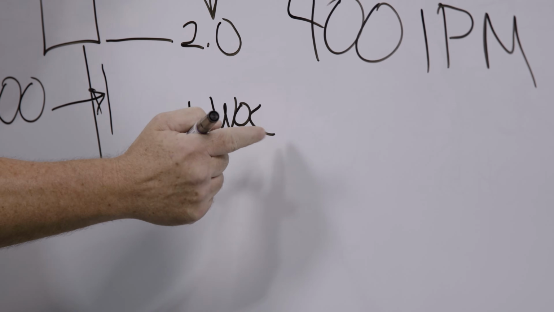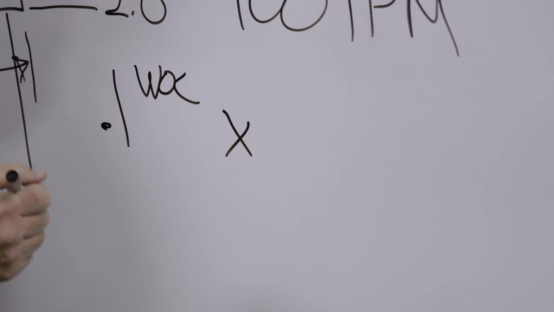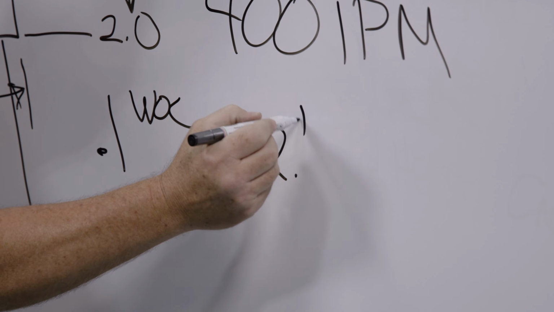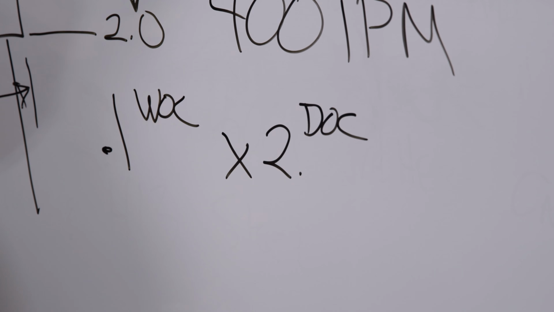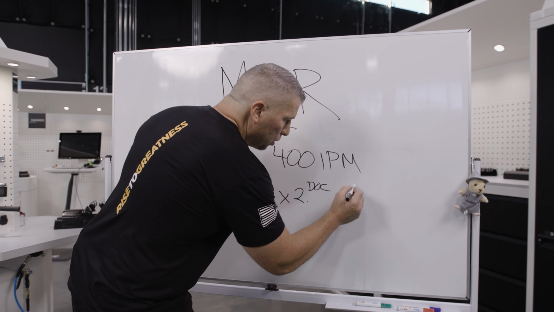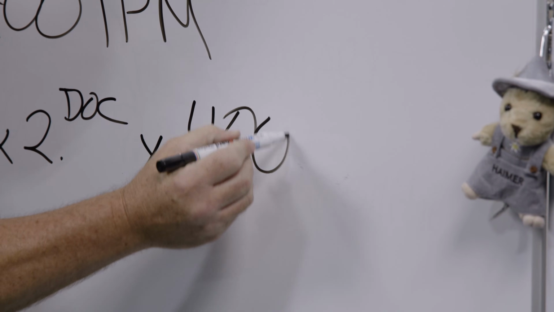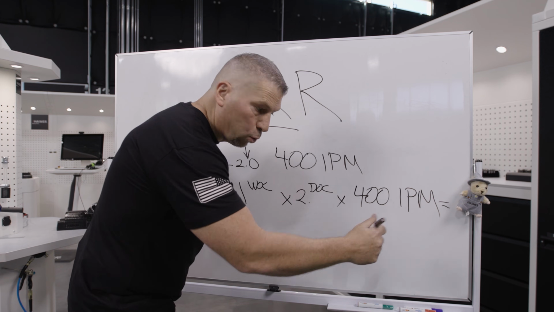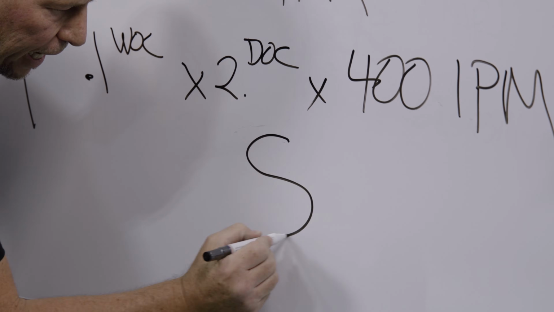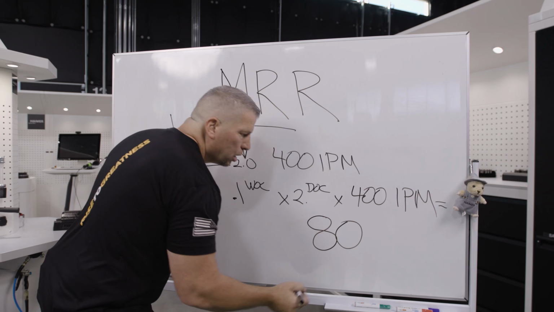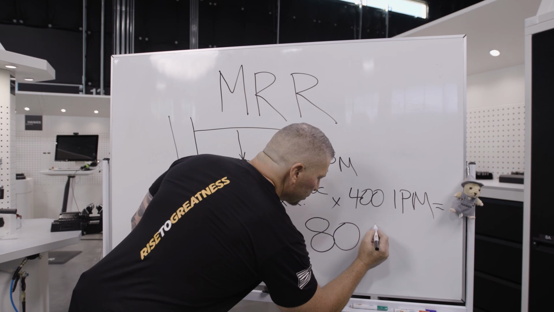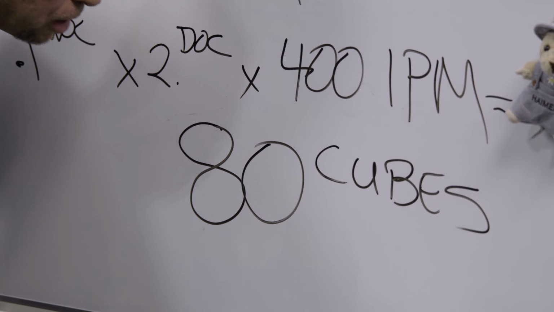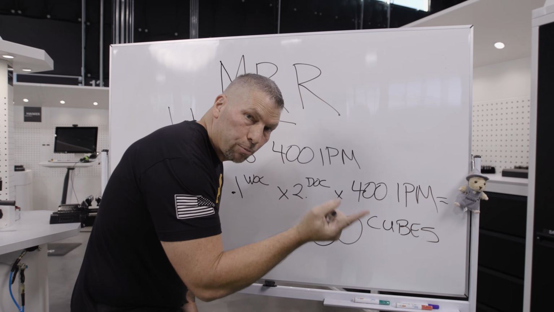WOC, width of cut, times the depth of cut, 2, DOC, times 400 inches per minute, equals 80, and we say cubes, so we'll just say cubes, and that's cubic inches per minute.